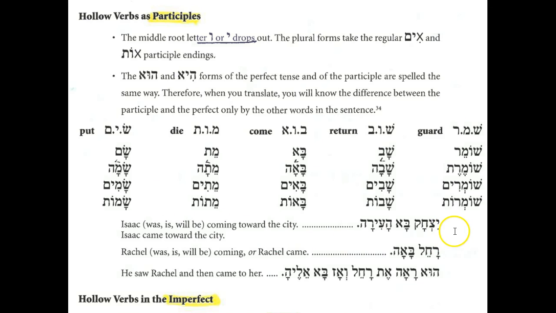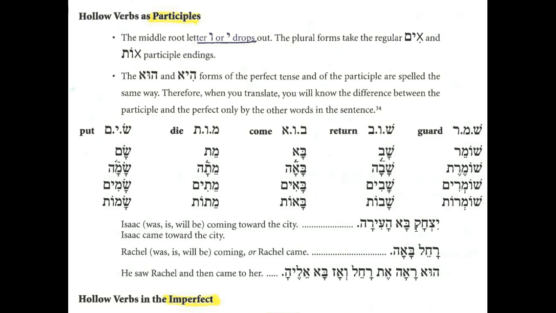So, for example, in the sentence Yitzhak ba ha'ira, that could be a Qal perfect, Isaac came to the city, or it could be a participle, because the Qal perfect third masculine singular and the Qal active participle masculine singular are identical.